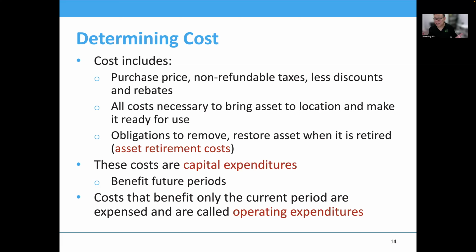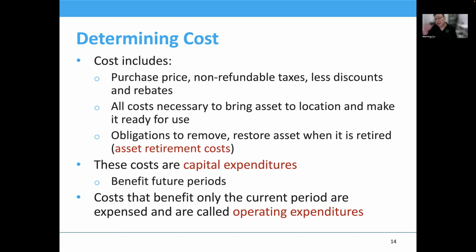English is my second language, but now I have to explain the differences between the two English words. Expenditure and expenses are different. Expenditure is the cash outflow. So expenditure is about cash flow. It's the cash leaving your pocket. You are spending cash. That's called expenditure.